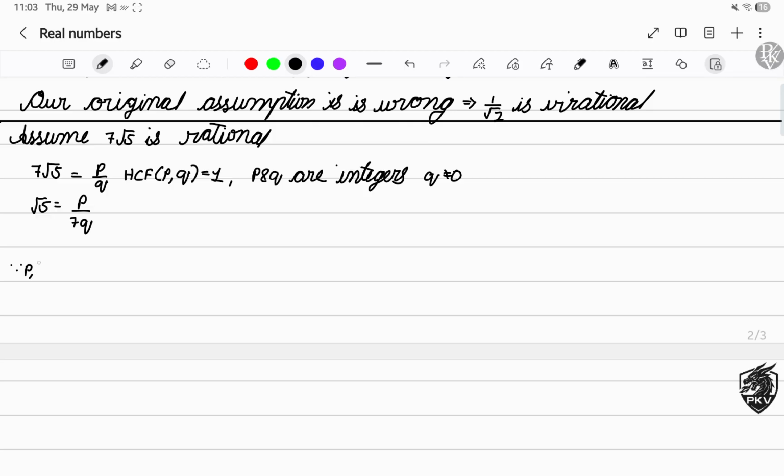Since P by Q is rational, it implies that P by 7Q is rational.